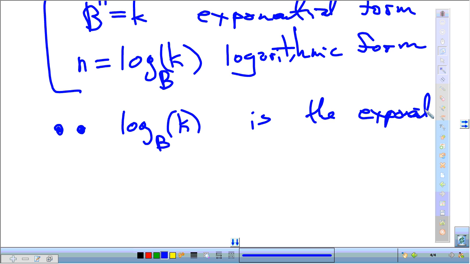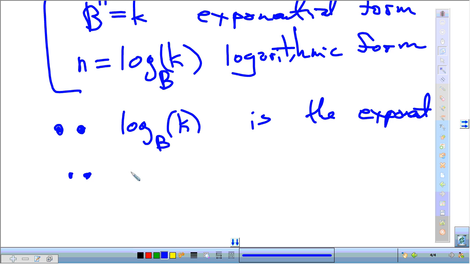When you look at a logarithm expression, it would be the exponent of some power expression. So keep that in mind.